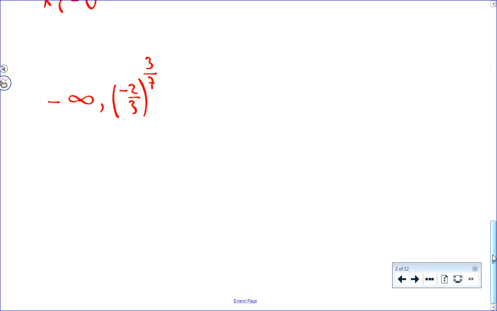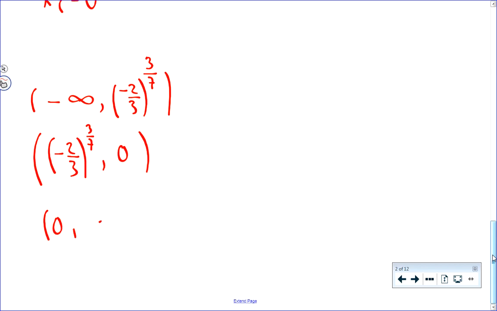Then we're going to have negative 2/3 to the 3/7 up to 0, and then we're going to have 0 up to infinity. And across the top, we're going to put all of the factors of the derivative. One of the factors was 3x to the 7/3 plus 2, and the other was x to the 3rd.